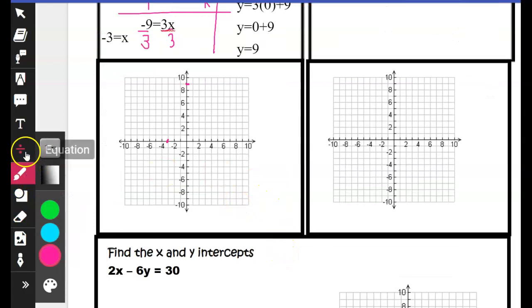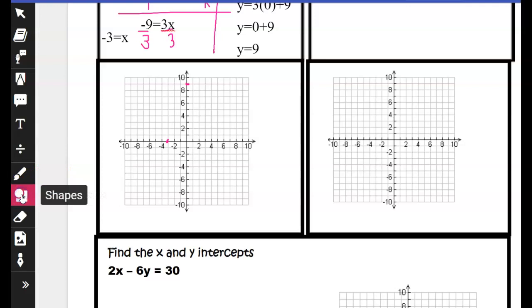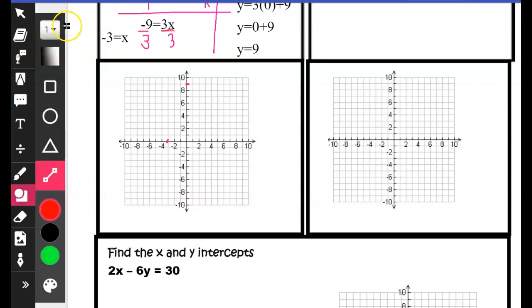And so I'm going to come over here to my shapes, and I am going to insert a line. You have all these different shapes you could choose, and I'm going to choose a line, and I am going to make a line that goes through my x-intercept and y-intercept.